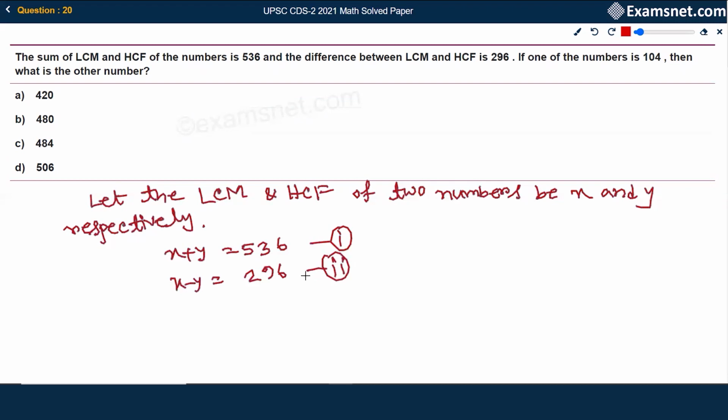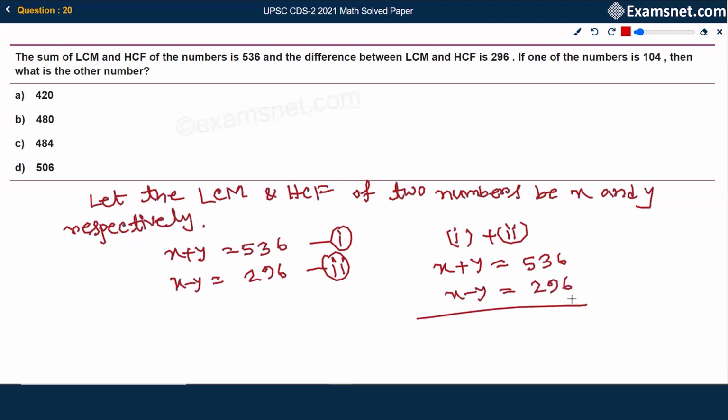So, solving them by the elimination method, I will first add the two equations. If I add them, that will eliminate the variable y. So I will get 2x equals 832, that means the value of x is 416.